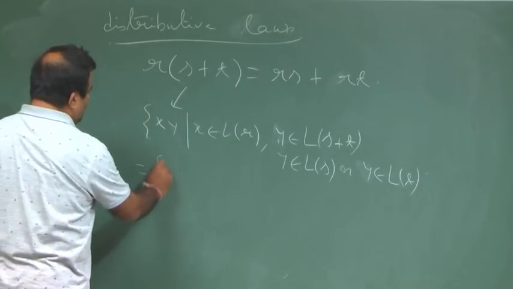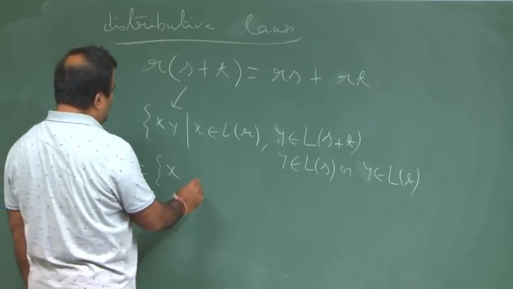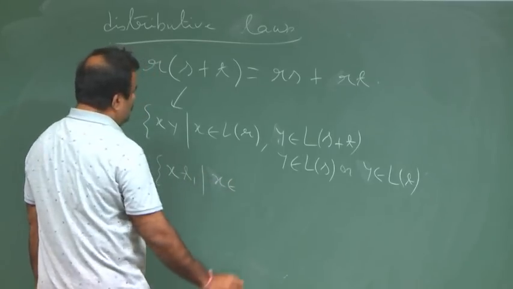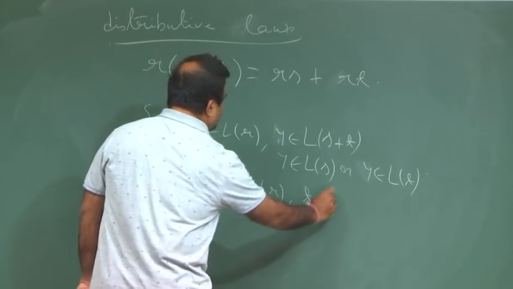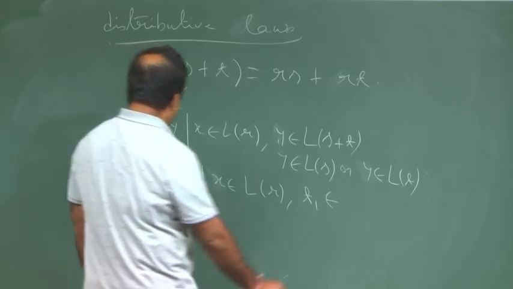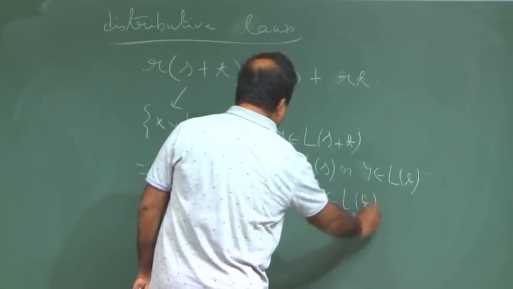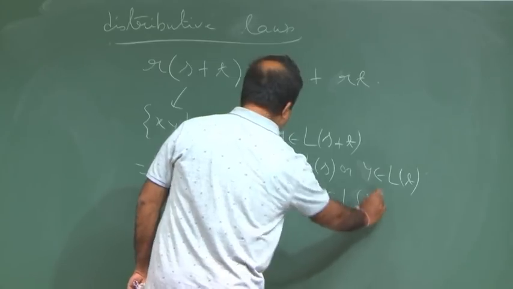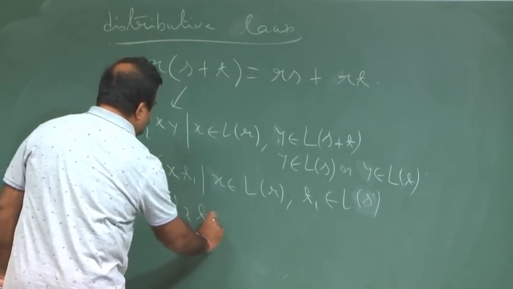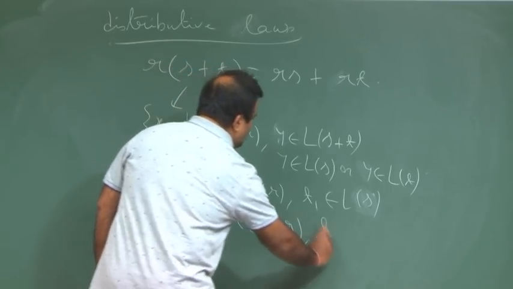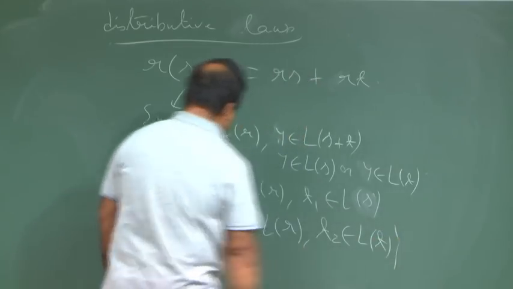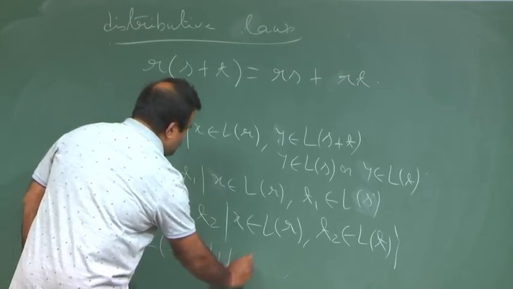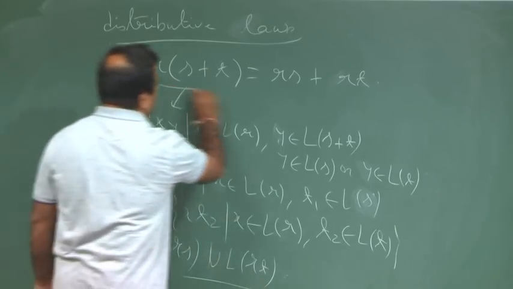So, that means this set we can write as the set of x t1, where x is coming from L of R and t1 is coming from L of S, union the set of x t2, where x is coming from L of R and t2 is coming from L of T. So, that means this is the same as the language of RS union the language of RT. So, these two are the same.